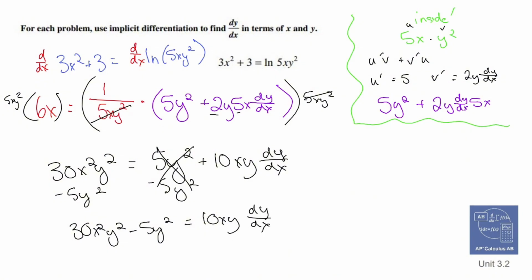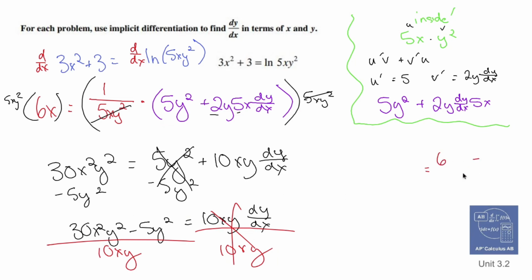Last step, divide everything by 10xy, and some simplifying happens. 30, 5, and 10 are all divisible by 5, so 6, negative 1, and 2.